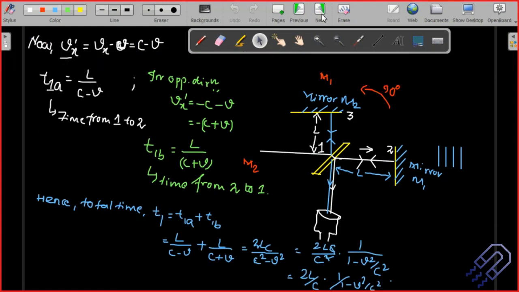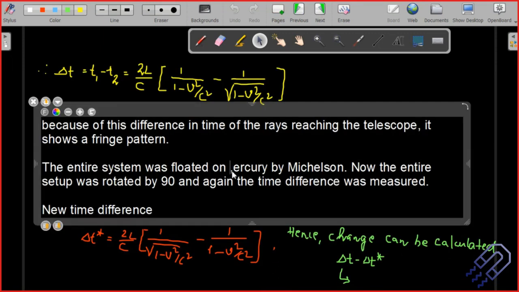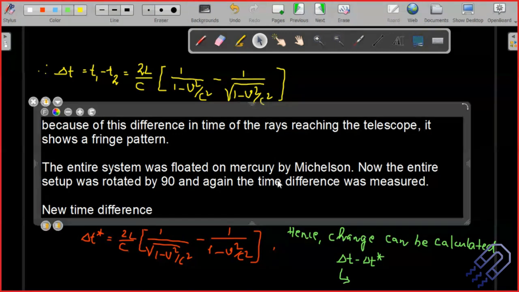Once the fringe pattern was observed, the entire setup was floated on mercury. If it is floated on mercury, you can rotate it easily because mercury has a very high density. Then it was rotated by 90 degrees, the experiment was performed again, and delta T star was calculated.